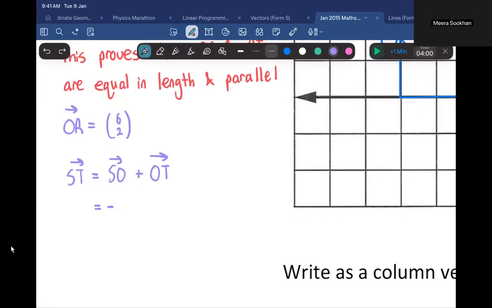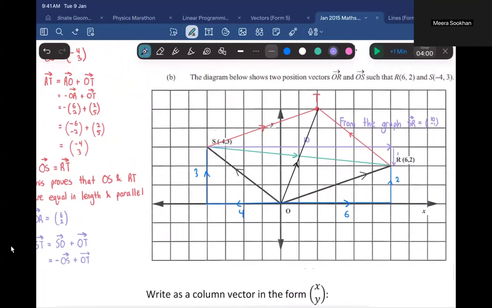Wait, go back to the diagram. Wait, we're not plugging in values yet. We're writing these statements. So SO is the same thing as negative what? Negative OS plus OT. Okay, yeah. Go to the diagram now.